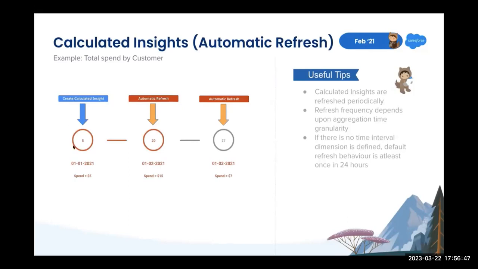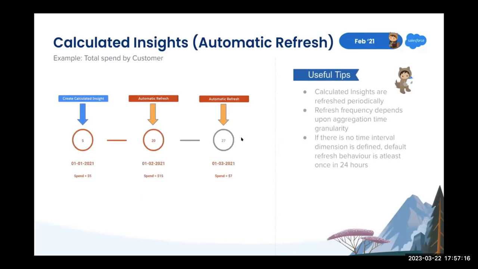If you look at this example, let's say there is one specific user, and on January 1st, they spend, let's say, $5. The insight will say this user spent $5. Now on the second, let's say the same user spent $10. Then you don't need to run that insight again. We will run it automatically, and then you'll have a new value that's 15.